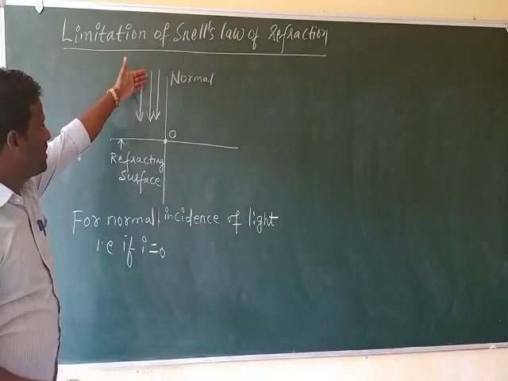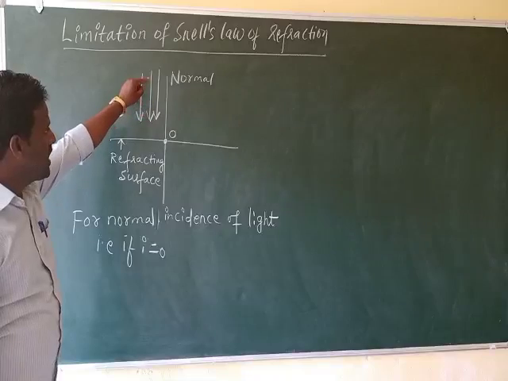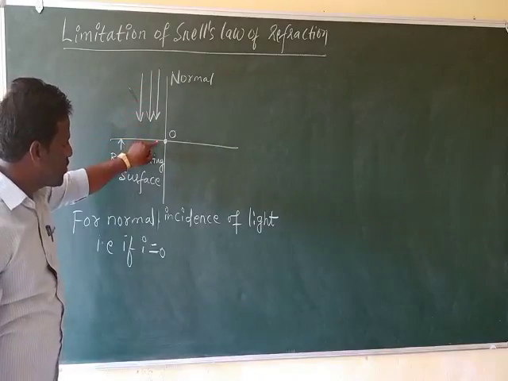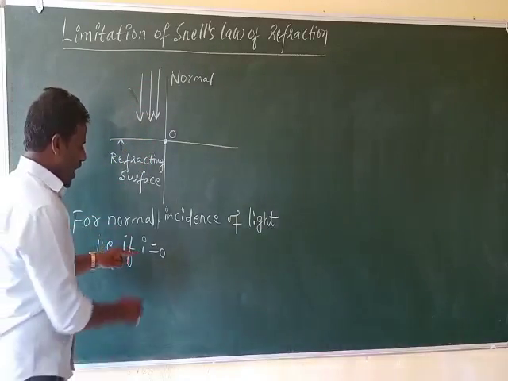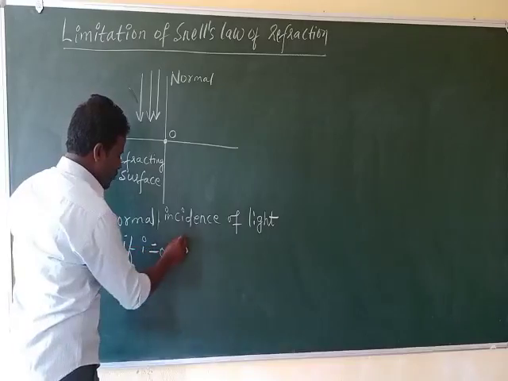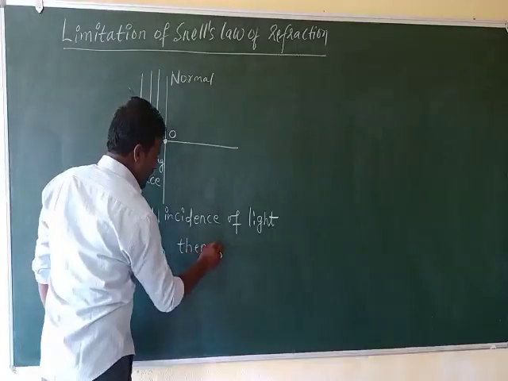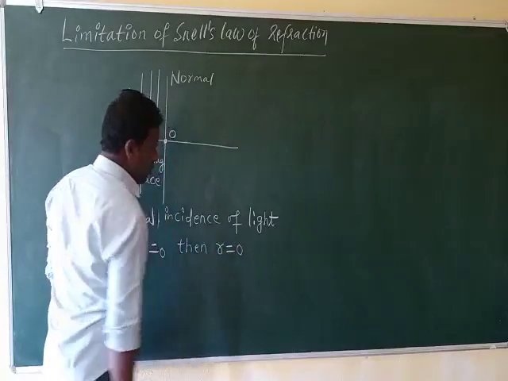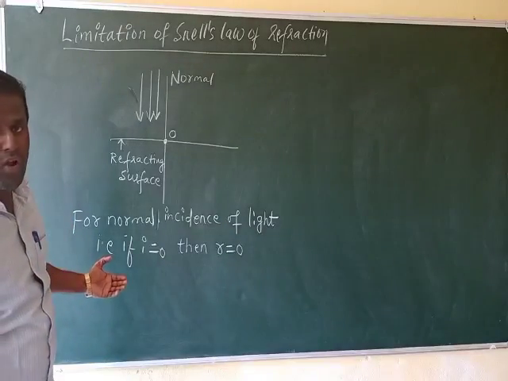For this direction of the incident ray, if the incident light falls like this, R equals 0, angle of incidence equals 0, then the angle of refraction is also 0. So the refraction will not take place.